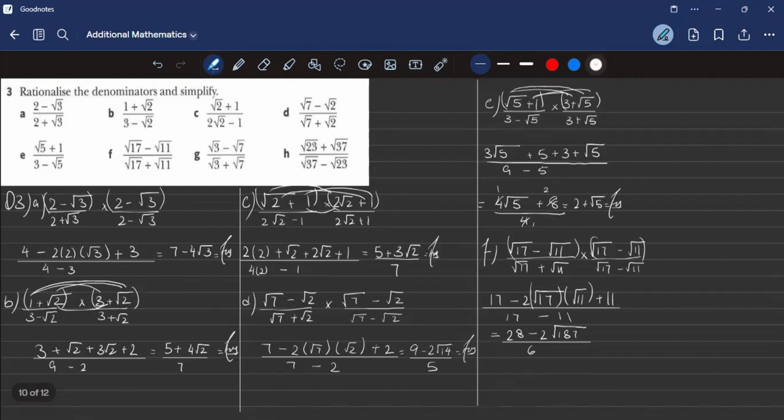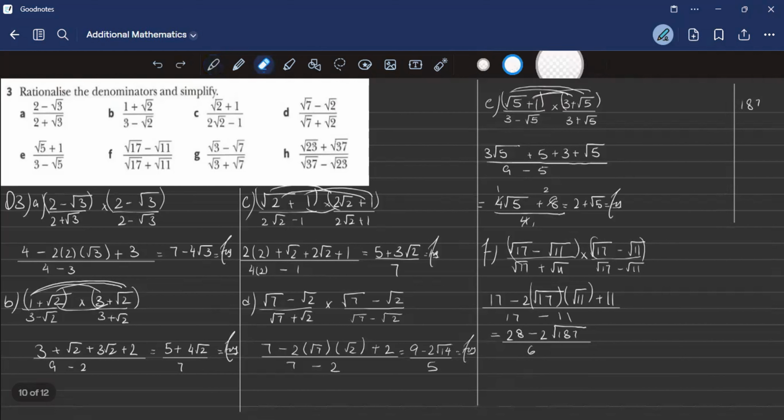So we are going to check if root 187 would be further simplified or not. So we have 187 here. It's not divisible by 2. 8, 9, and 16, no, it is not. 7, yeah.